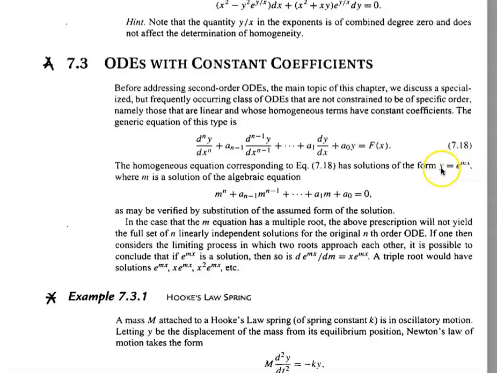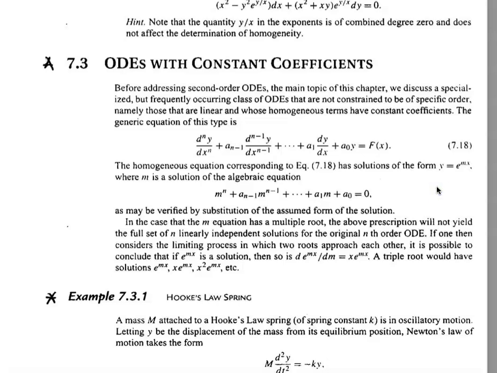The second derivative d squared y dx squared is m squared e to the mx. And so that's why it becomes convenient. You start out with both y and m being unknown. But in the process of solving the problem, you will emerge with specific values for m and y.